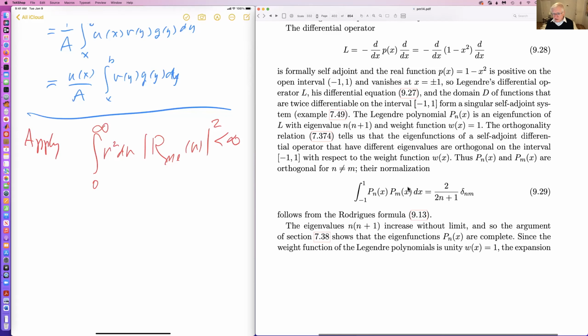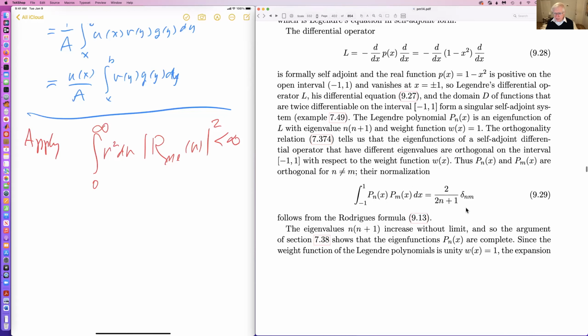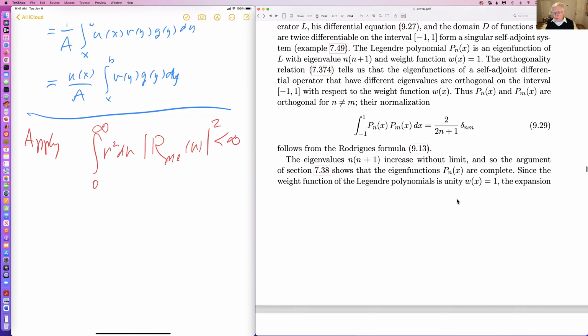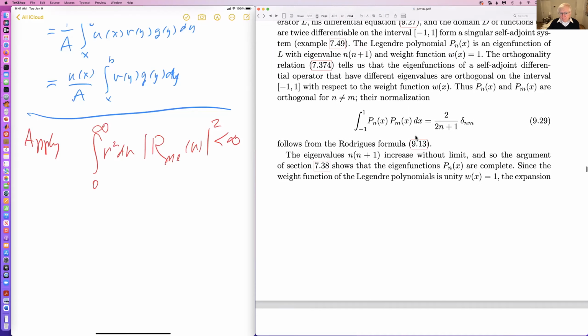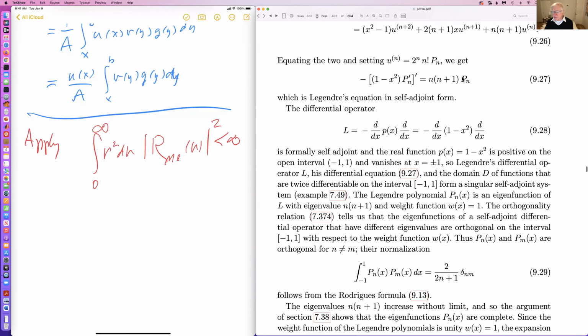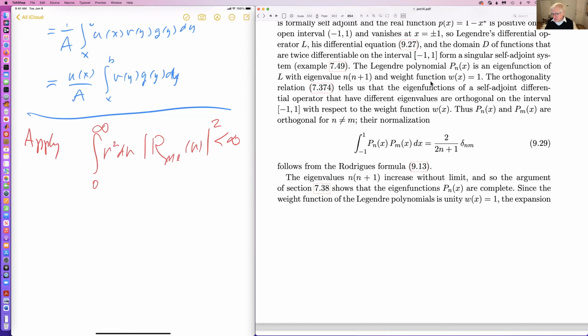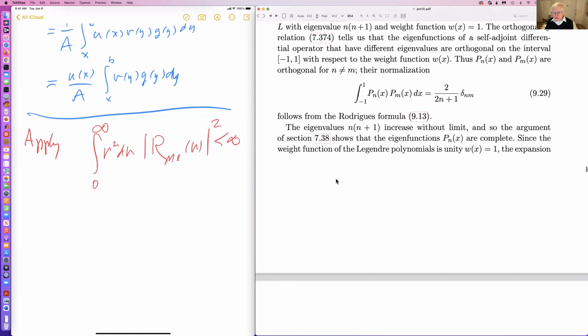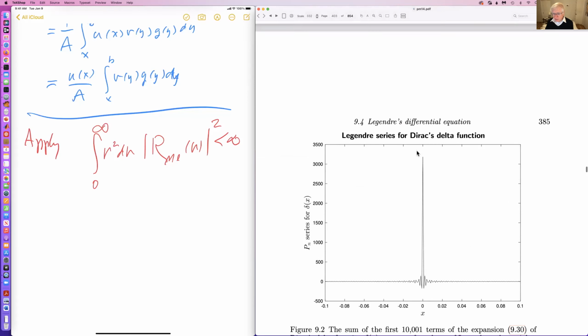Well, that's what we derived earlier, which follows from the Rodrigues formula. The eigenvalues are n(n plus 1), and as n goes to infinity, they go to infinity. And that shows that the Legendre polynomials are complete.